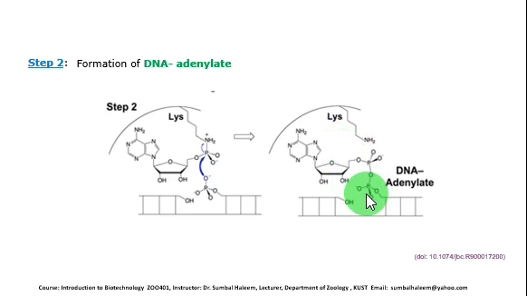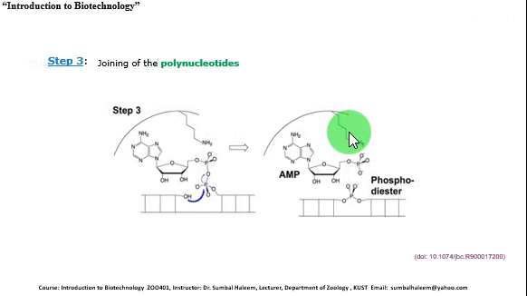In this reaction, the 5' phosphate oxygen of the DNA strand attacks the phosphorus of the ligase adenylate complex, and the active site lysine is the leaving group.